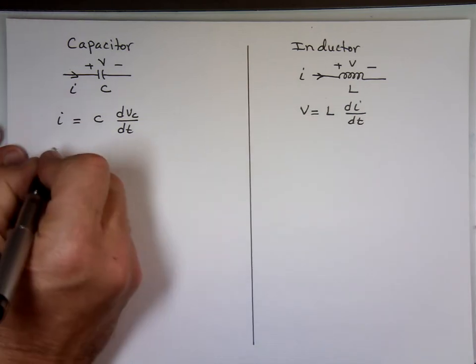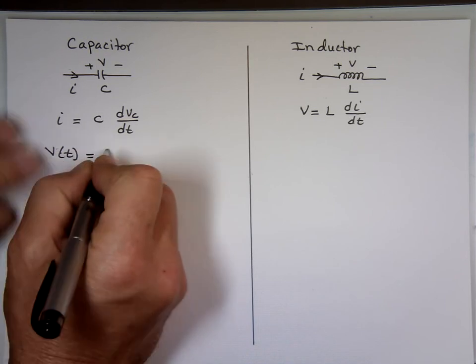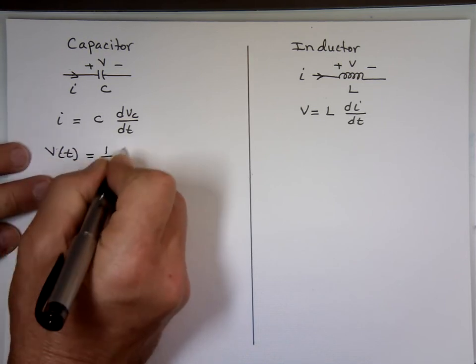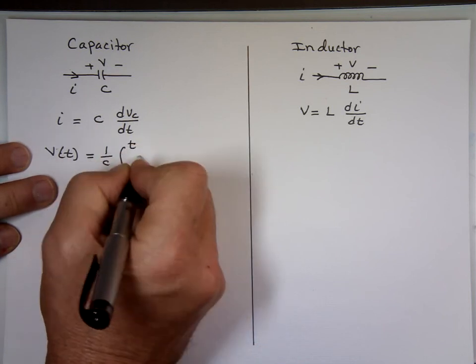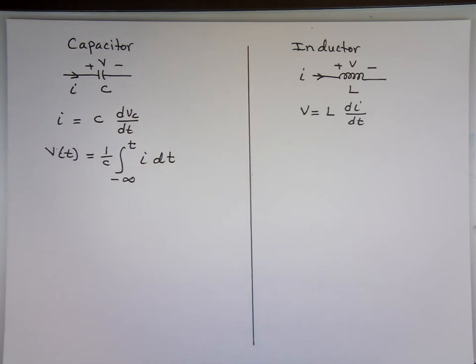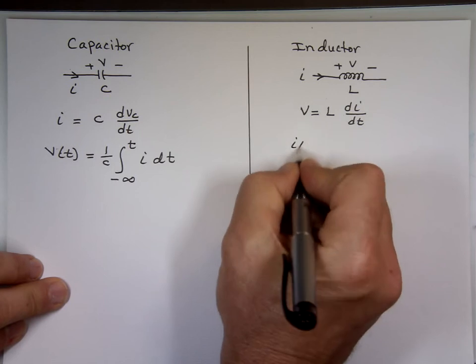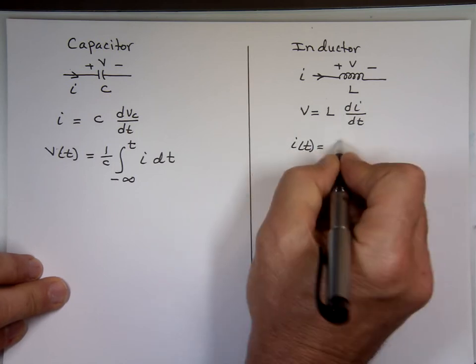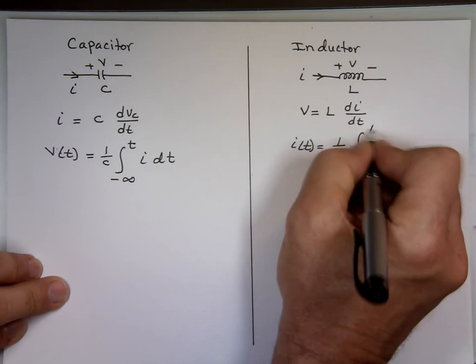V here is 1 over C, the integral from negative infinity to t of I dt. This one, I as a function of time equals 1 over L, the integral from negative infinity to t of V dt.